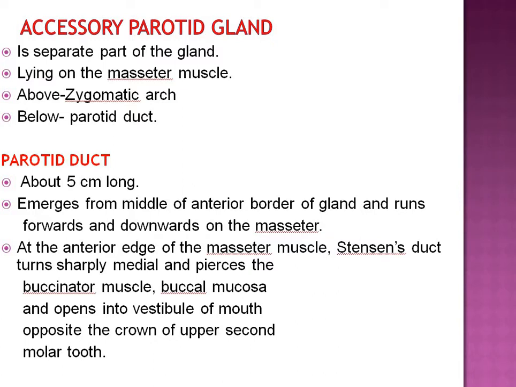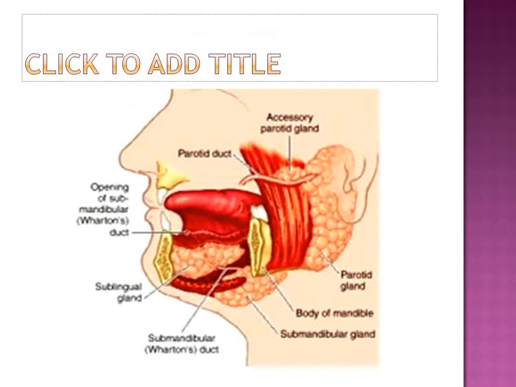At the anterior edge of the masseter muscle, the Stensen's duct turns sharply medially and pierces the buccinator muscle and buccal mucosa, and opens into the vestibule of the mouth opposite the crown of the upper second molar. Here we can see this is the accessory parotid gland, this is the main parotid gland. This is the Stensen's duct, which is moving over the masseter, then piercing the buccinator, opening into the second upper molar.